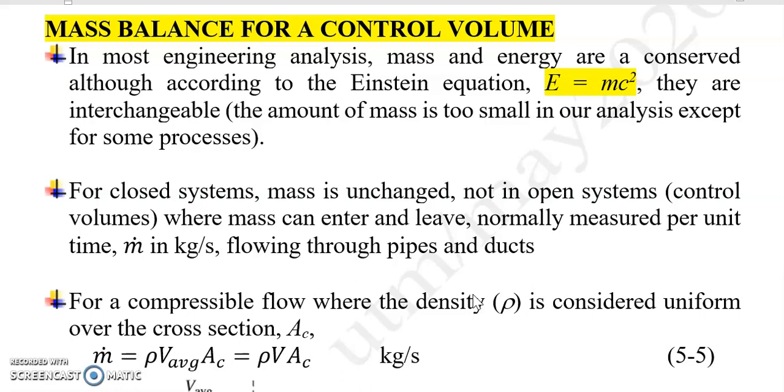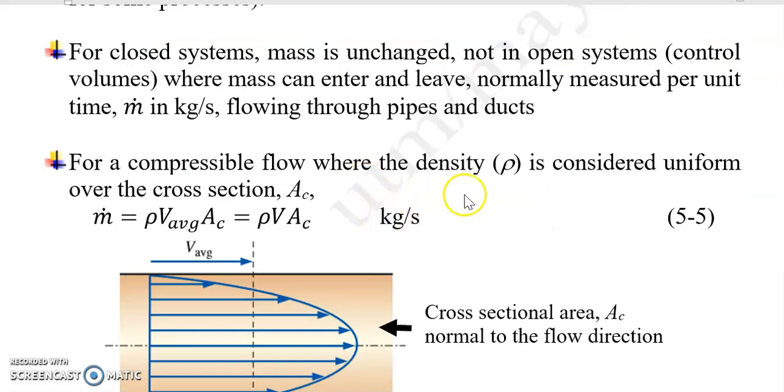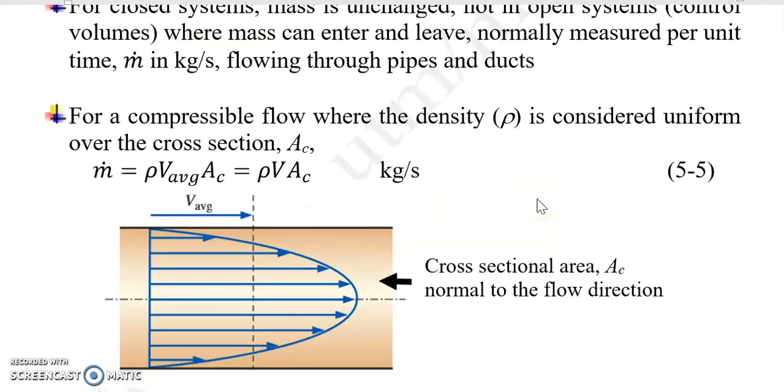In an open system or control volume, mass can enter and leave and carries with it energy, flowing through pipes and ducts. And for a compressible flow, where the density is considered uniform over the cross-section area of the channel, we may describe the mass flow rate with 5.5.